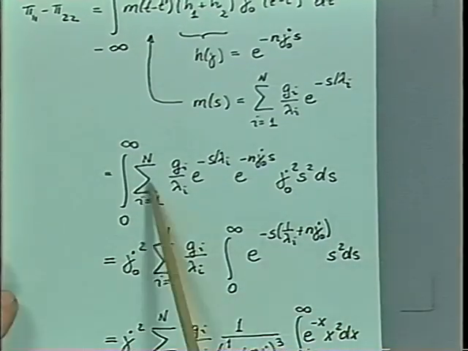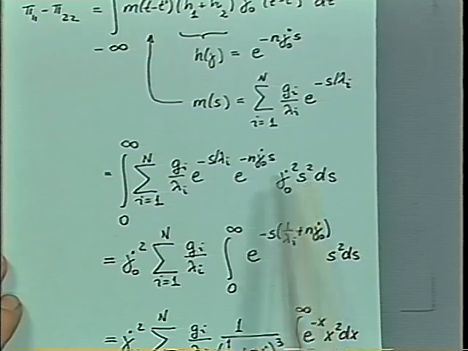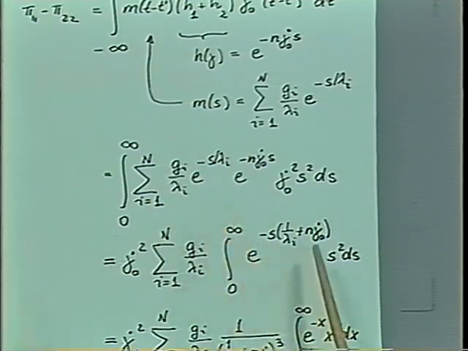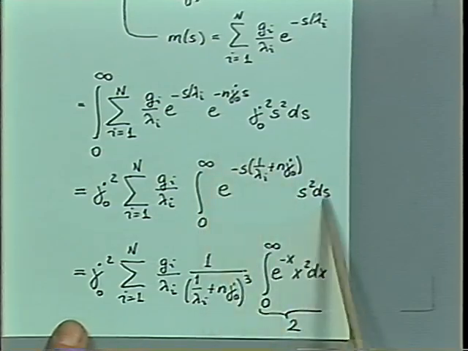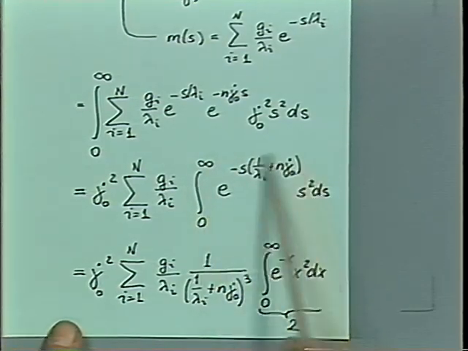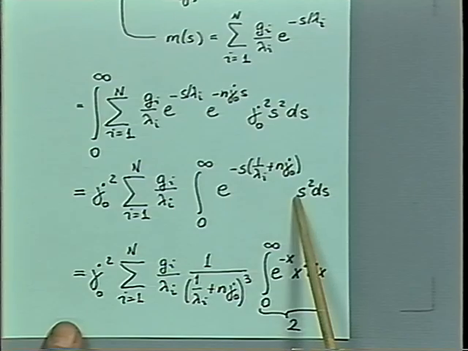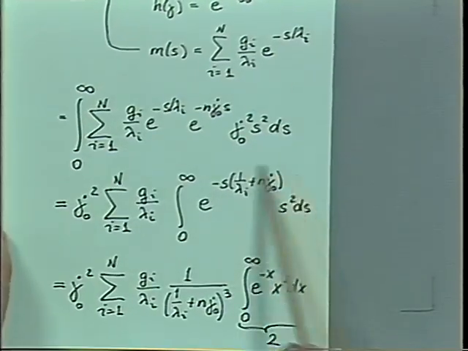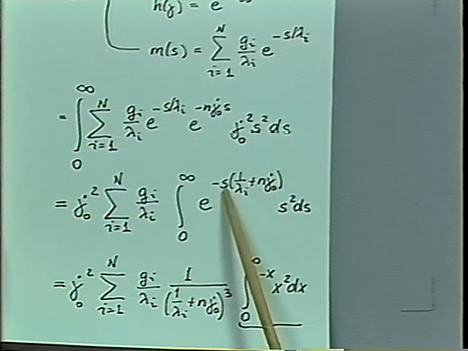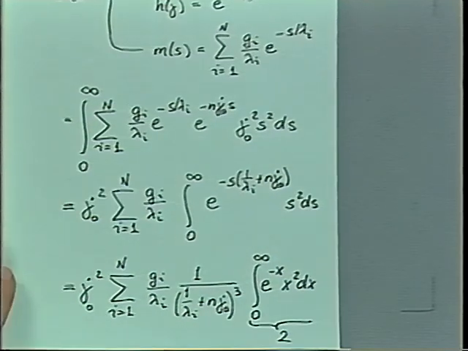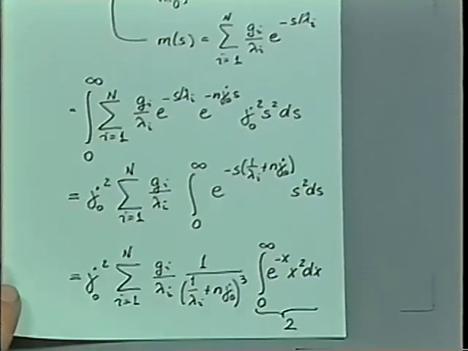So the simple formulation, the simple kernel, can be rearranged. We put everything outside which doesn't have any s dependence. This function here has a constant in the exponent coming in with the s. Now, this function can be integrated.